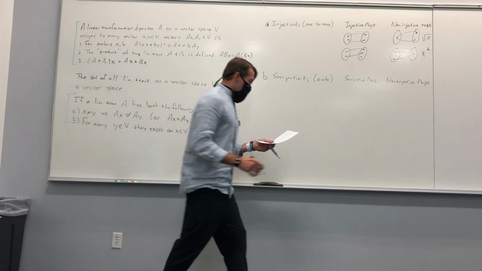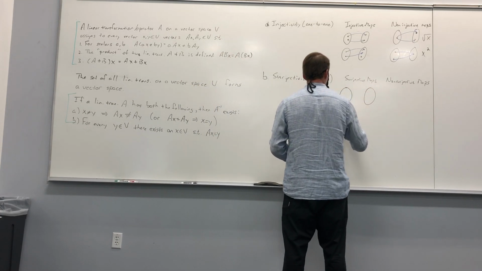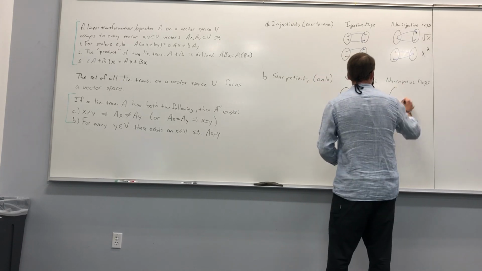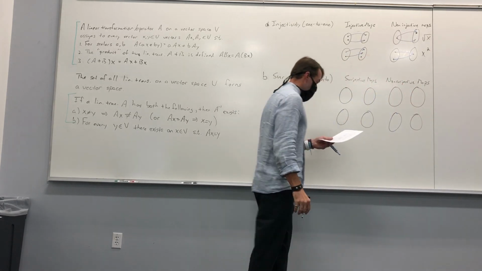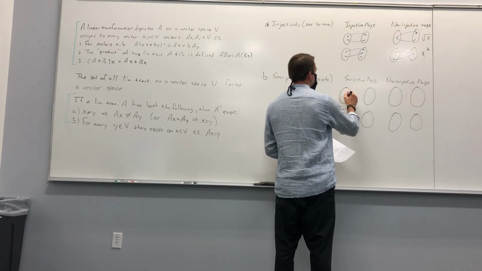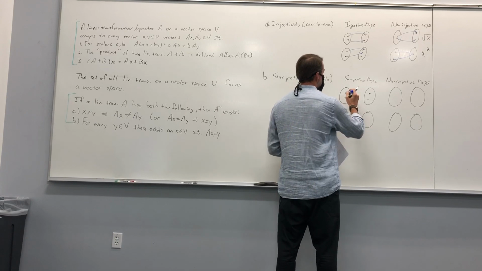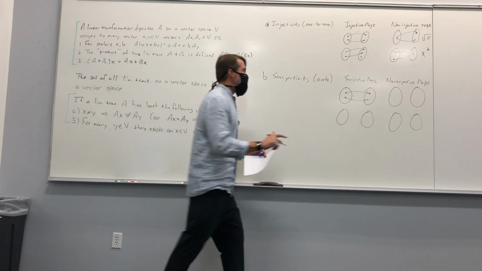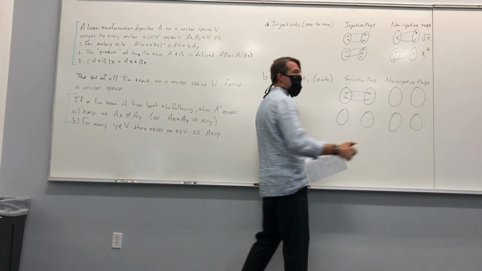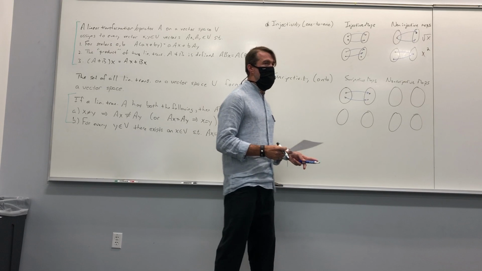Okay, so let me draw some pictures of surjective maps. And of course, pictures of non-surjective maps. Okay? So for a surjective map, what we have in mind is first and foremost satisfied by this initial example. That is, the target space has two elements, and both of those elements are being mapped to from elements of the initial space.